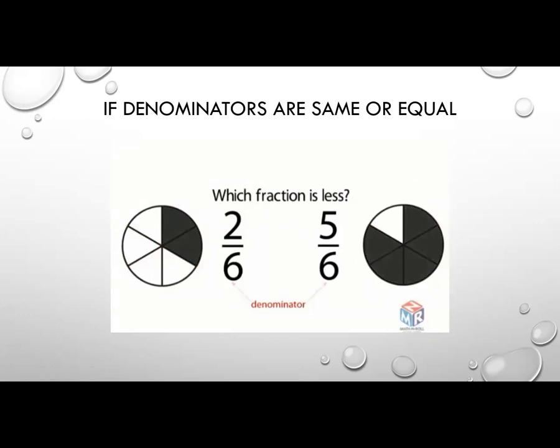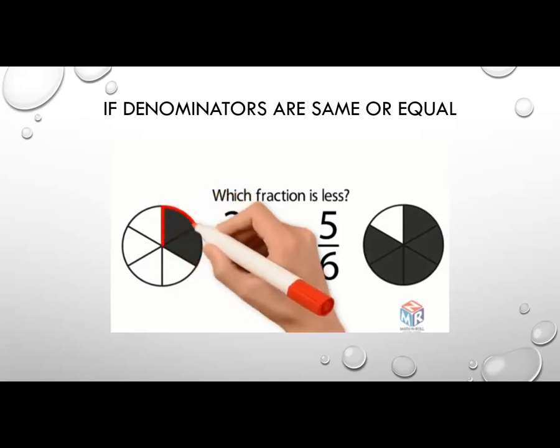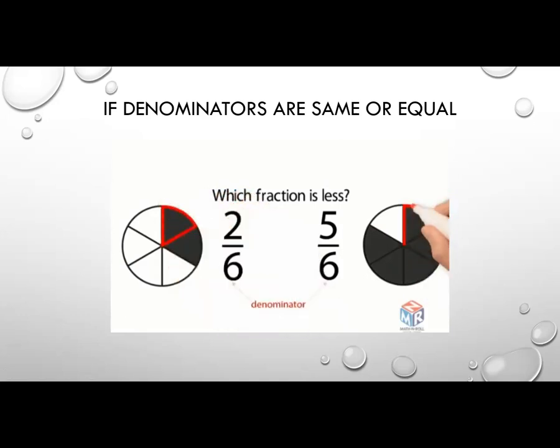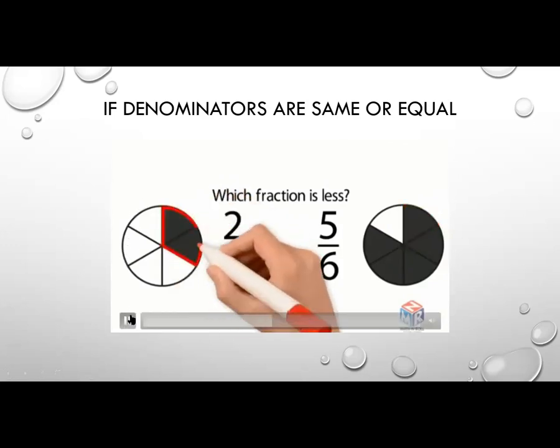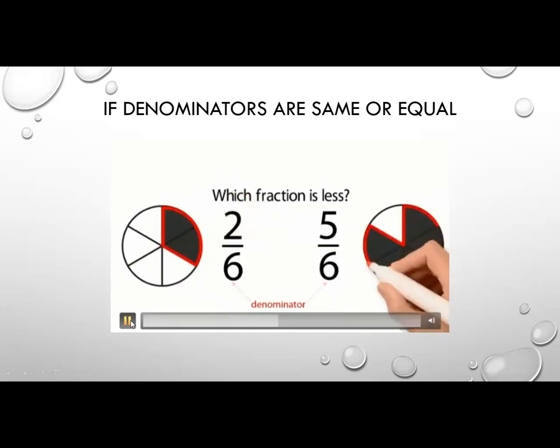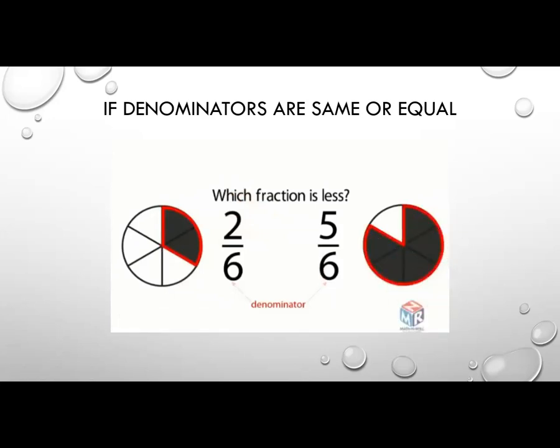Both shapes have 6 equal parts and are the same size. So the parts in the first shape are the same size as the parts in the second shape. When parts are the same size, 2 parts is less than 5 parts. 2 over 6 is less than 5 over 6.